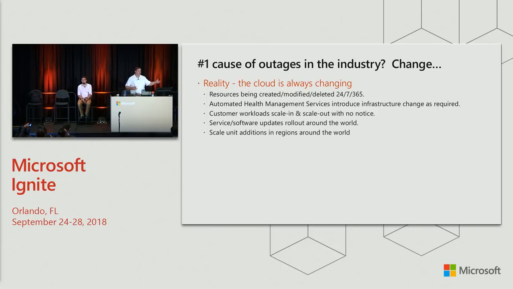Automated health management services introduce infrastructure changes, where a server says, I have a bad NIC, I have a bad disk, so I need to eject it from the platform and evacuate all the VMs or workloads on it. That happens without notice a lot of times. We're making a lot of improvements there, but that's a change that happens in the environment without choice.